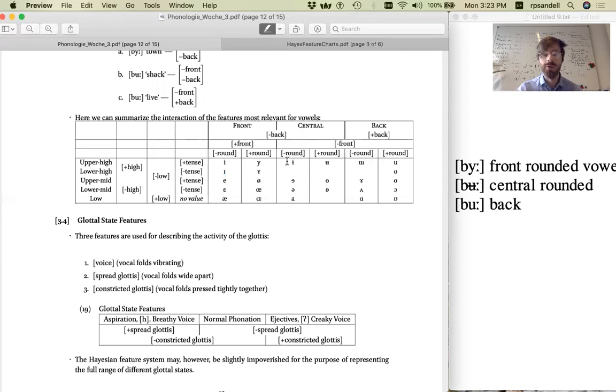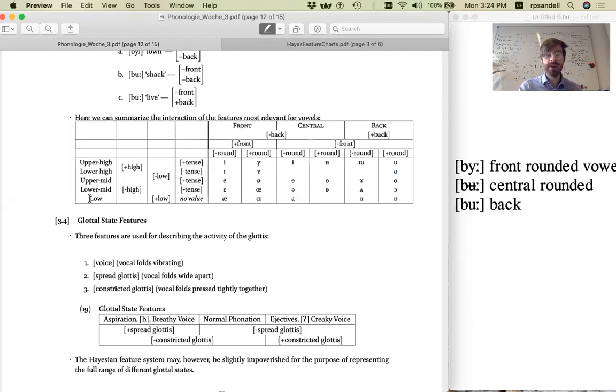So we can see that almost everywhere there are contrasts in rounding. There are only a few gaps in the standard vowel inventories of the world. There's a gap in terms of central high vowels, and the one typical back high vowel gap is also rounded.